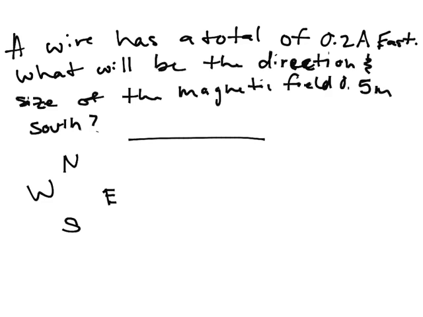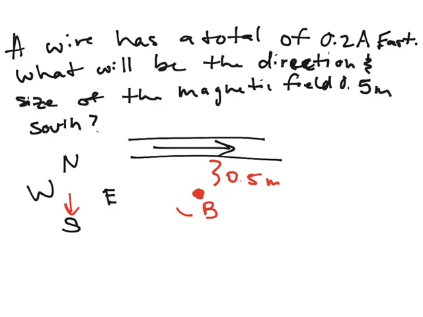So we have some current going east. Remember, if you want the magnetic field, point your thumb in that direction. And then we want to know what's happening here, 0.5 meters south. So we want to know what is the magnetic field at this point.